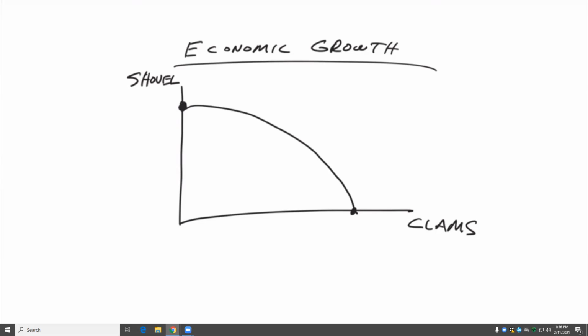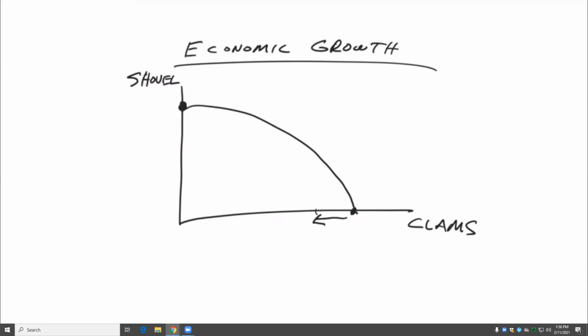But what must you do to get that capital good, that shovel? You are going to have to give up some clams, right? You're going to have to spend time going into the interior of the island and getting what you need to build that shovel, and that is time away from digging for clams.